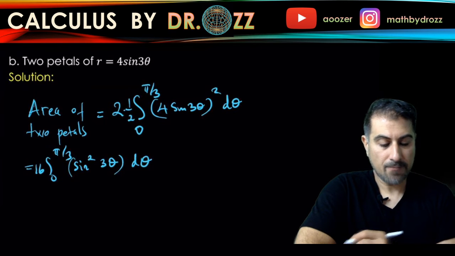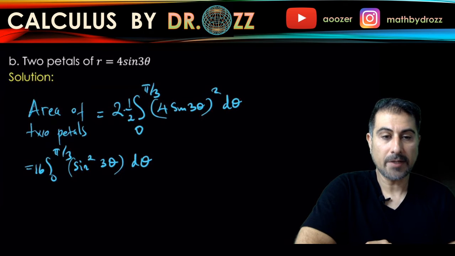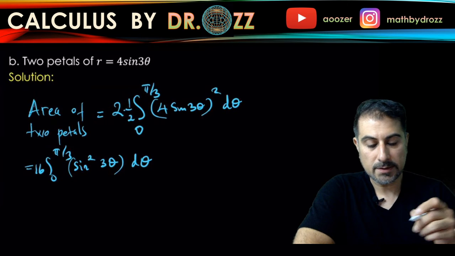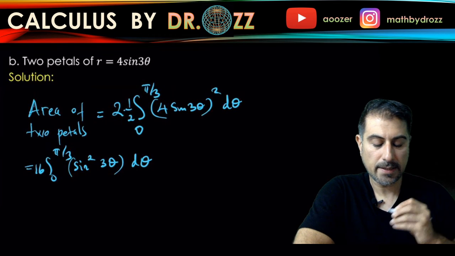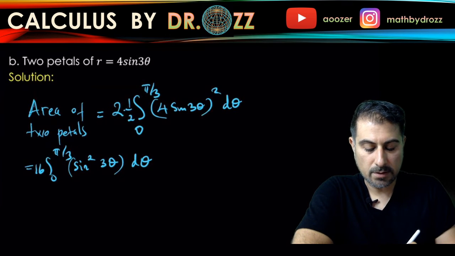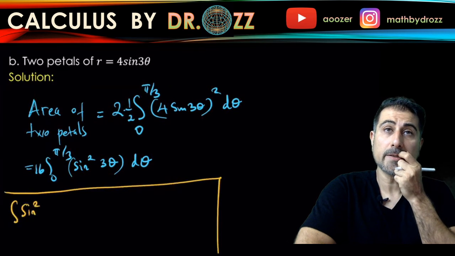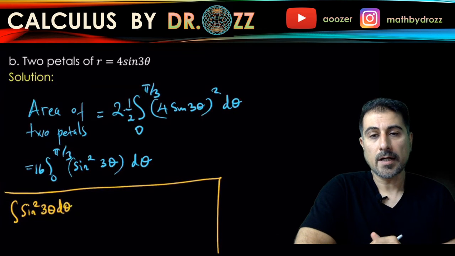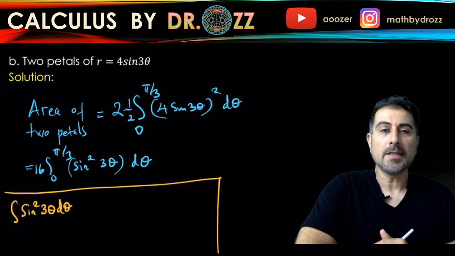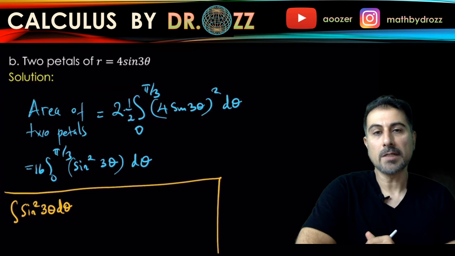Now you can go ahead and do the indefinite integral first on scratch paper. Let me just do it right here. We are trying to find the integral of sine squared 3 theta d theta, and this is another instance where you use the power reducing formula, because we have sine raised to the power of 2, an even power of sine.